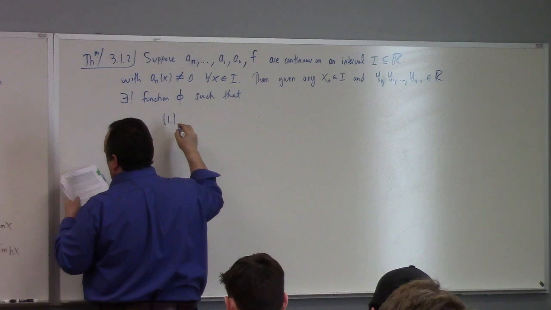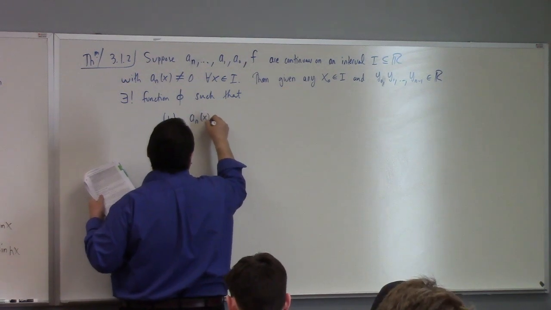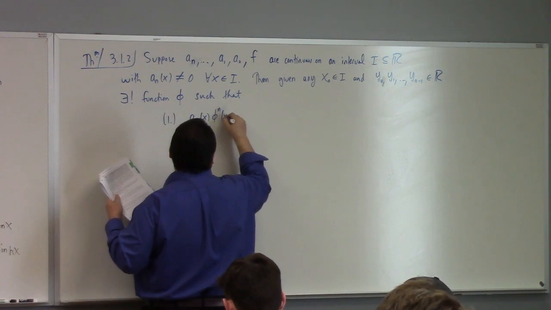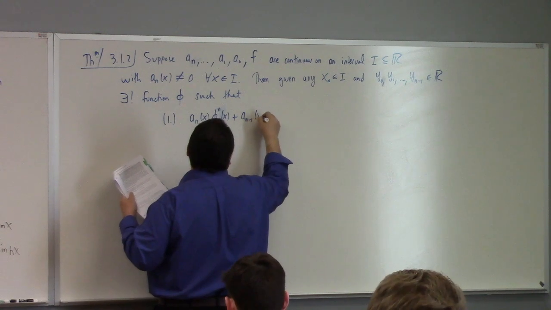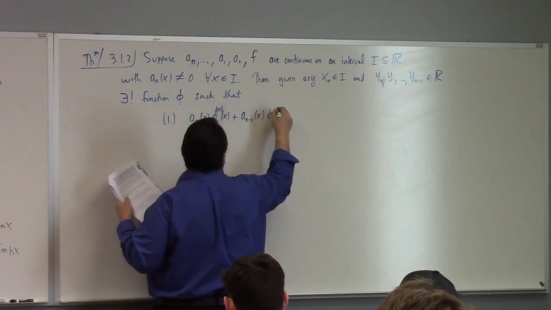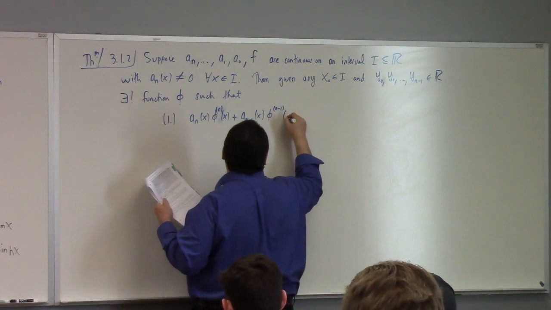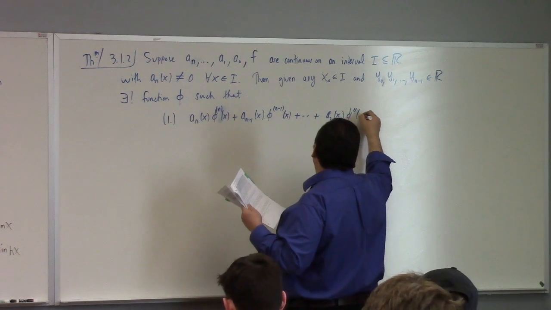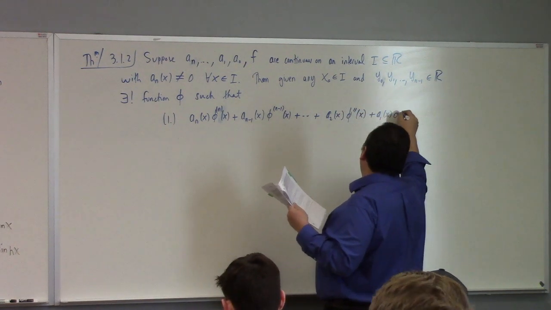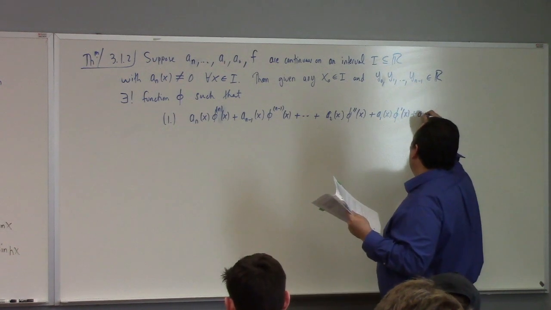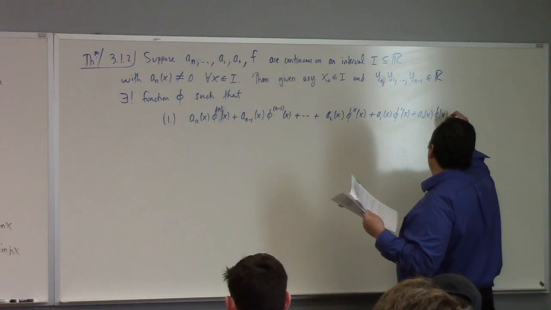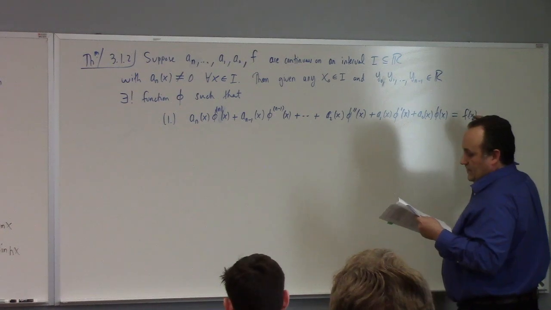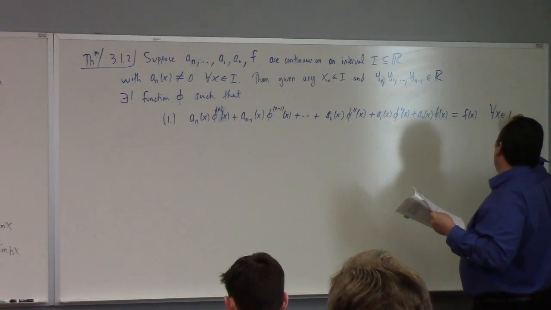Number one, a sub n of x times the nth derivative at x of phi, plus a sub n minus 1 of x times the (n minus 1)th derivative of phi at x, plus dot dot dot, plus a2 of x phi prime prime of x, plus a1 of x phi prime of x, plus a0 of x times phi of x, equals f of x for all x in I.